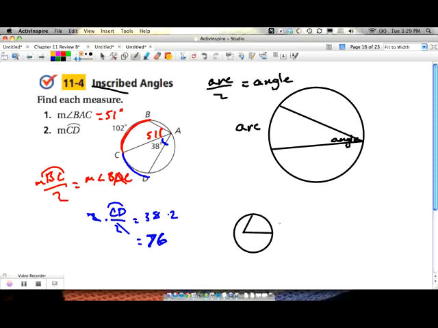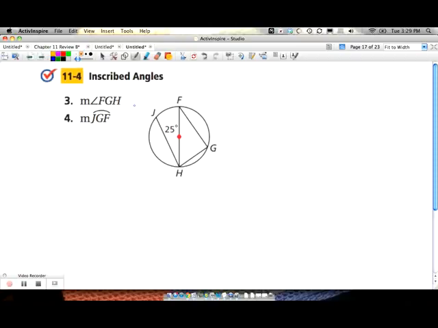I'm going to erase some of this so we can see the pieces that we need, for the measure of arc JGF, all the way around the other direction. Arc JGF plus arc JF, the last piece, is going to equal 360. Maybe I can work my way backwards.